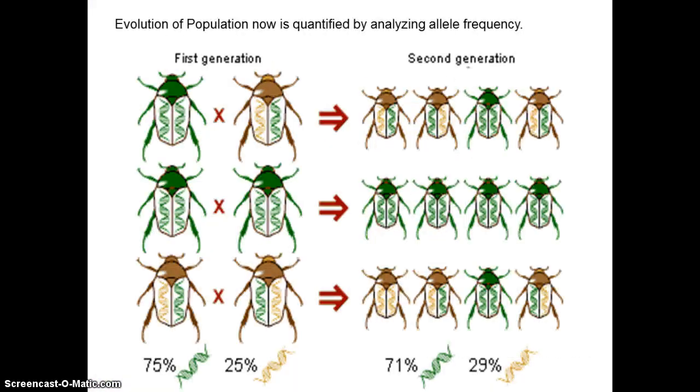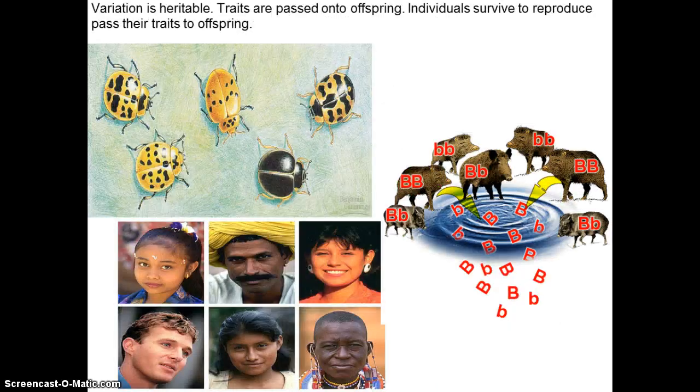So evolution of a population is now quantified by analyzing allele frequency. For example, you look at the first generation compared to the second, see the number of dominant phenotypes versus recessive phenotypes, and look over generations to see how it changed.